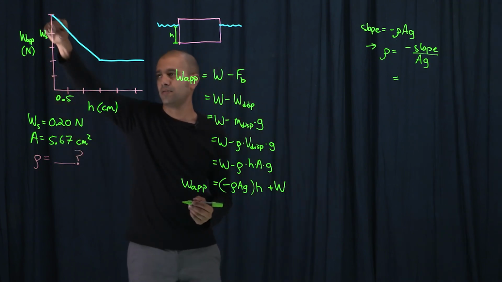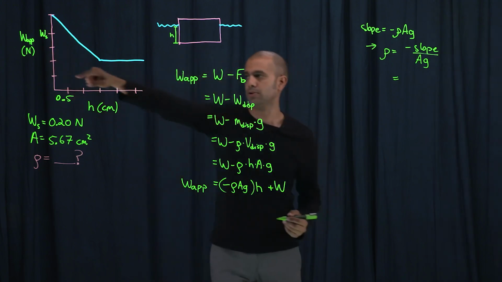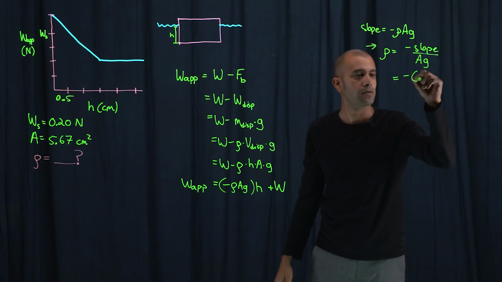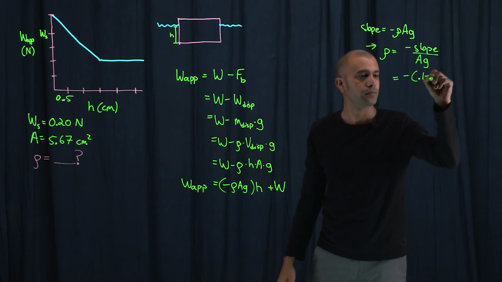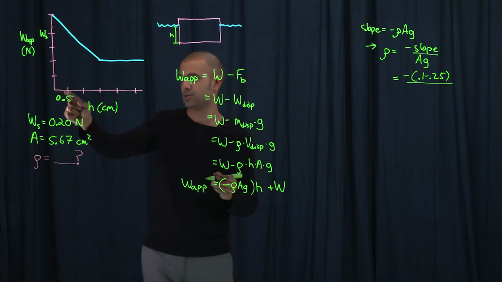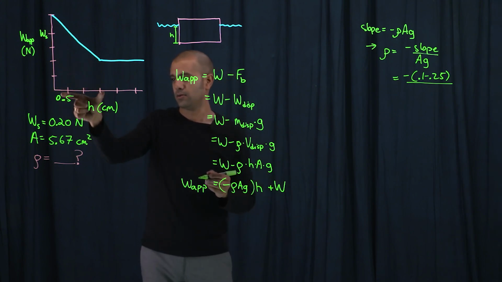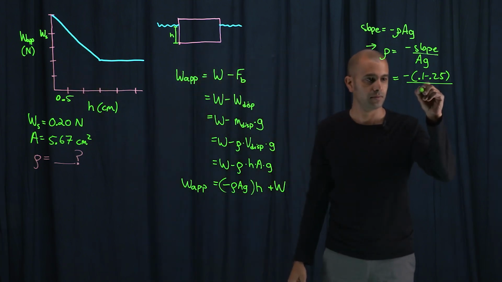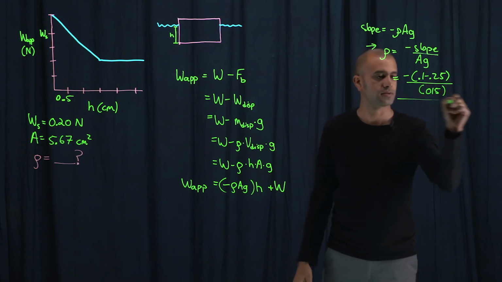This is 0.25 and that's 0.1, so the drop is 0.1 minus 0.25 newtons divided by h, which is 1.5 centimeters, 0.015 meters. And then that's the slope.